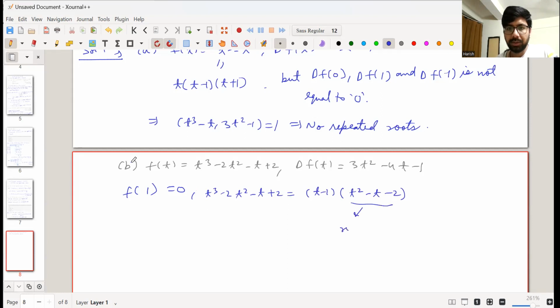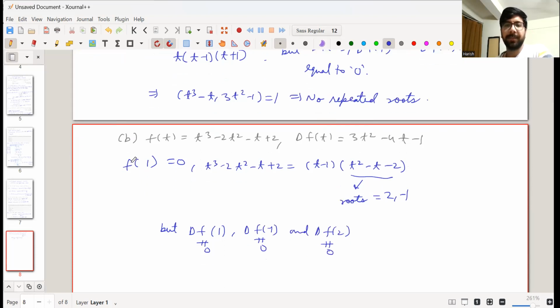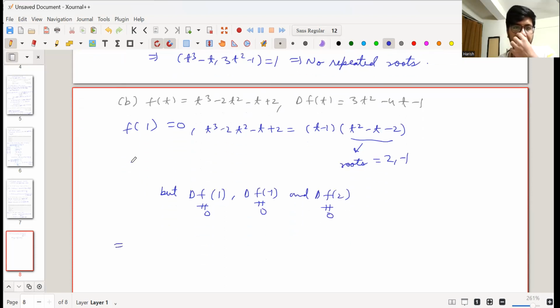Now they have roots equal to 2 and minus 1, that you can check. But again, df of 1 not equal to 0, df of minus 1 not equal to 0, and df of 2 not equal to 0. So df(t) doesn't have these roots. This implies that they don't have a common factor, and GCD is equal to 1. So again, no repeated roots.